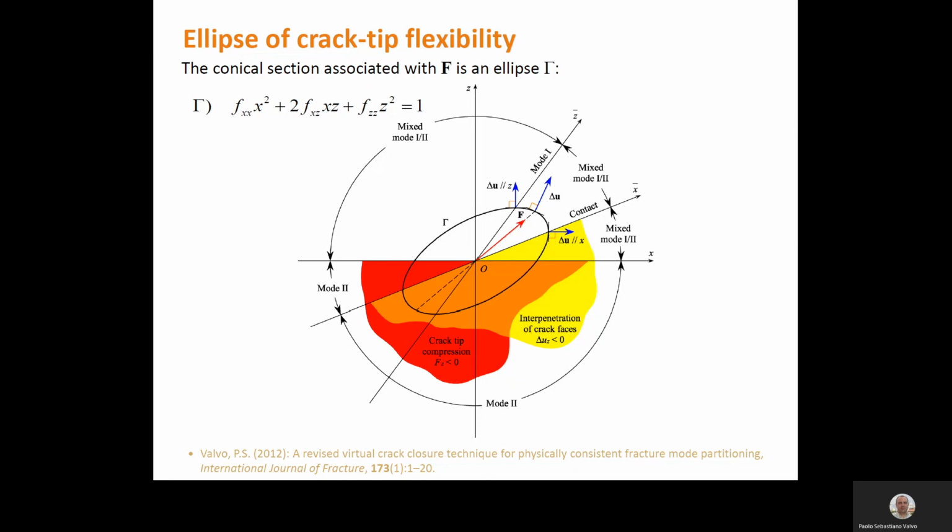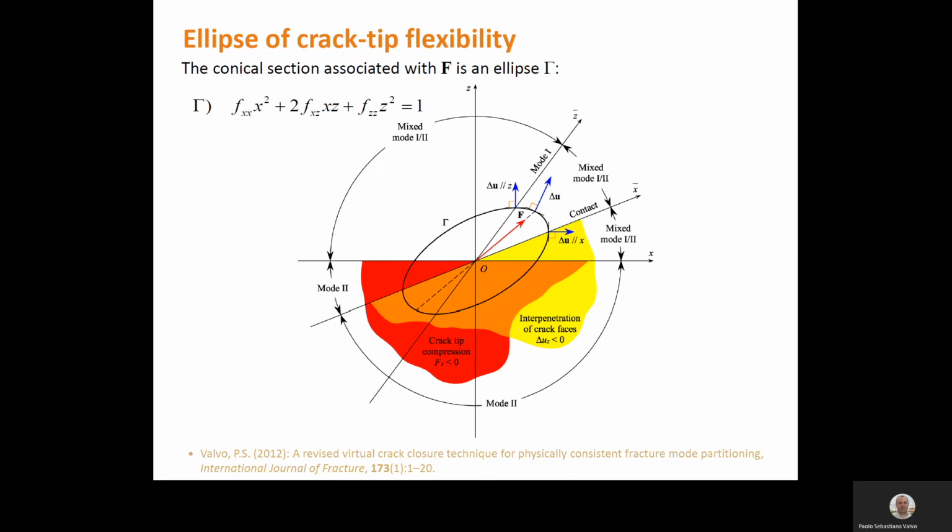All F vectors having the tip in the half plane below the x bar axis correspond to a negative delta uz, which means that the elastic solution predicts interpenetration of the crack faces, the yellow area in the figure.